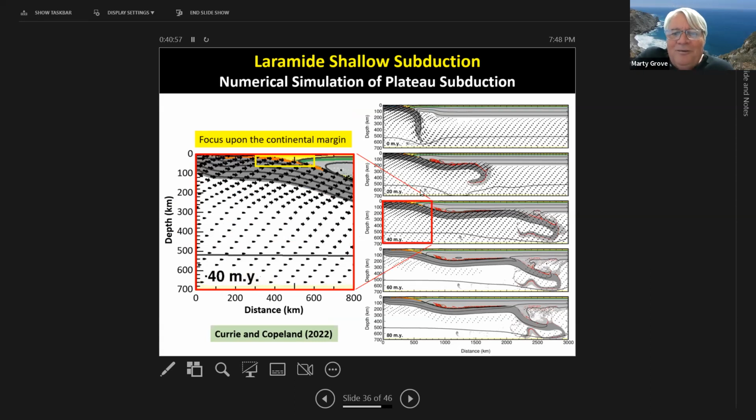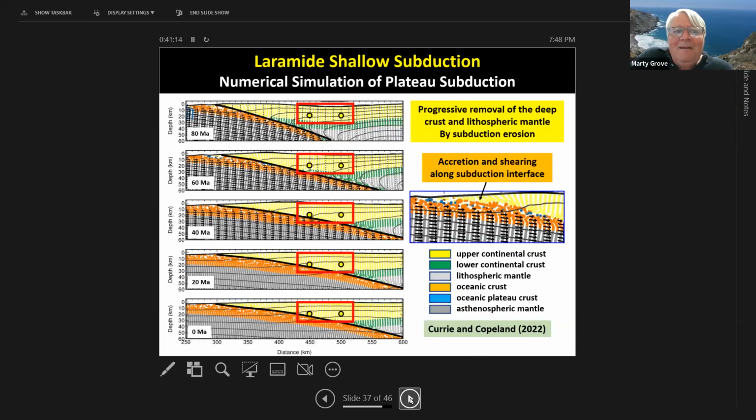relative to these calculations. And so here, this inset, we're only interested really in what's happening in the upper 60 kilometers. And so we're going to be focused on this yellow region right in here. And these are some results that Claire calculated for me, just focusing on the upper 60 kilometers of the crust.